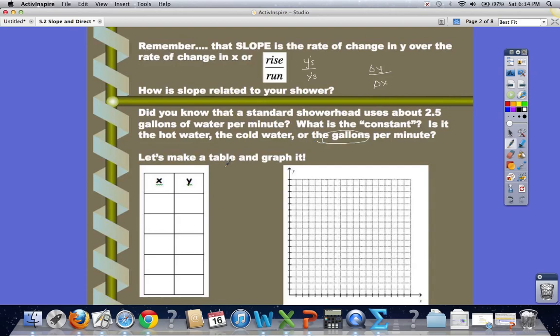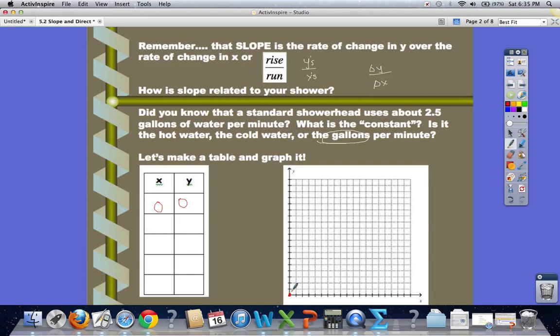It is constant. So that would be the gallons per minute. All right, so let's make a table and graph it. And let's start with some points. When we're talking about a shower, when you get in there, it's not already running, right? So you're going to start at 0, 0, which is right here. Okay, that's before you've turned the shower on.